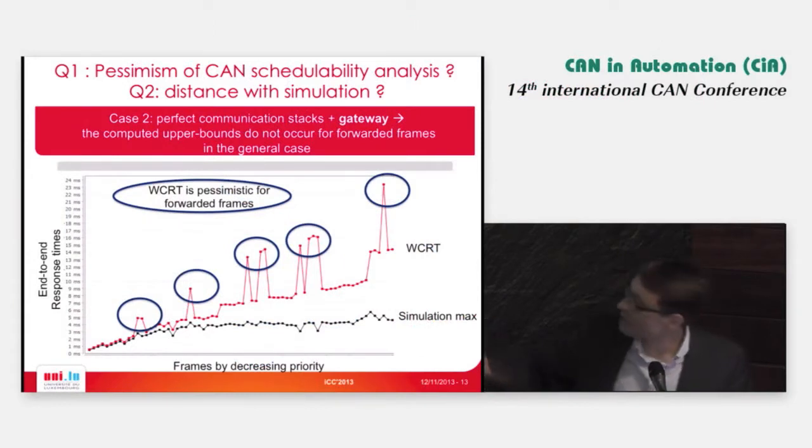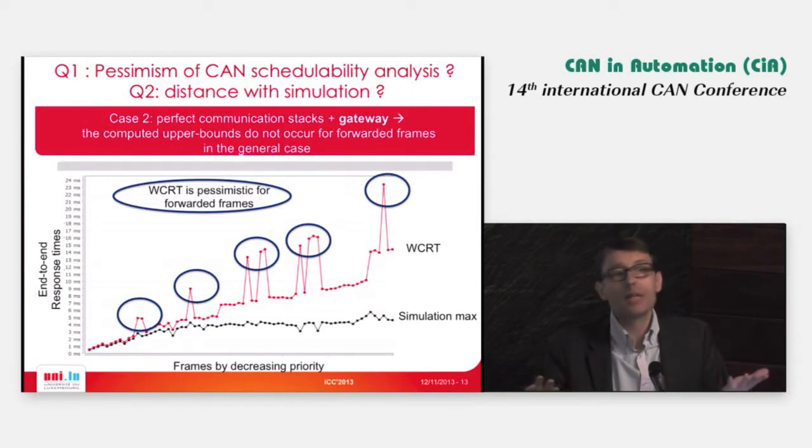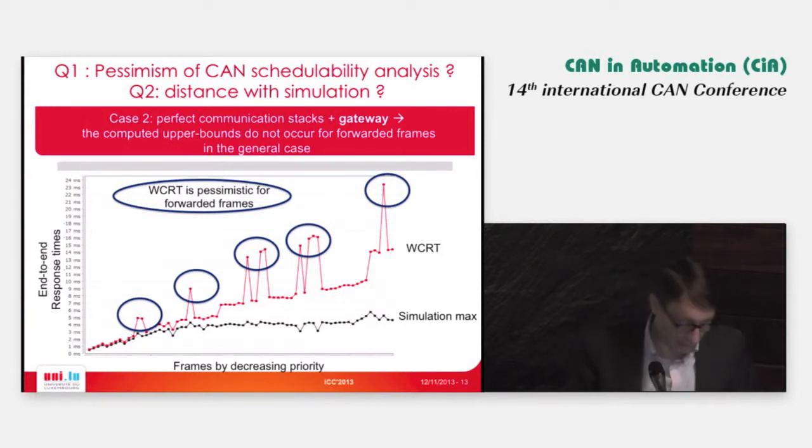What we see is that the response times given by schedulability analysis are much higher for the frames that are forwarded. And we are not able to see that in simulation. Why is that? It's because the analysis is done with assumptions on each bus that cannot occur at the same time. So in that case, the schedulability analysis is pessimistic, and we know that it's like that.